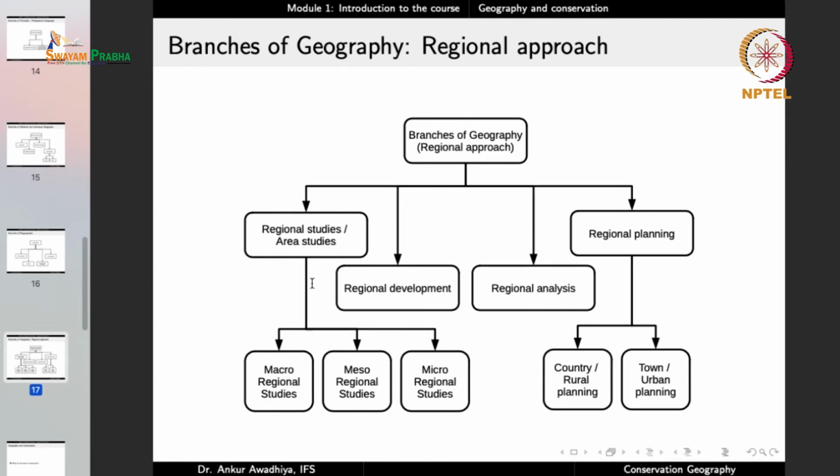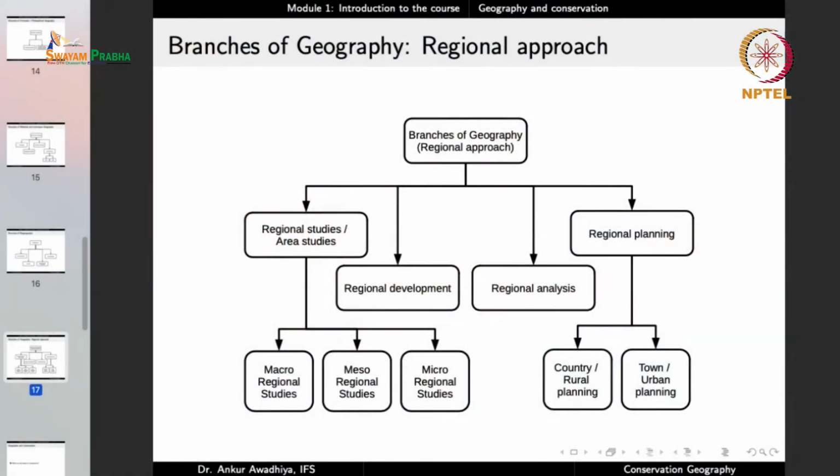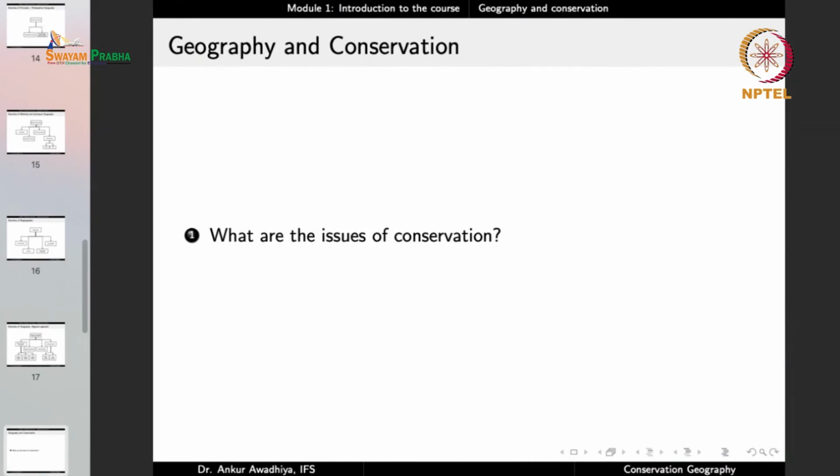Then we can look at regional development or regional analysis, or we can look at regional planning. In the case of regional planning, we can look at rural planning or country planning, and we can look at urban planning or town planning. So this is a regional approach. The first thing that we do is to constrain ourselves to a particular region, and then we study that region in total.